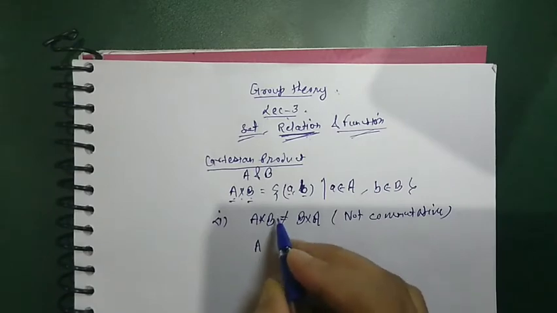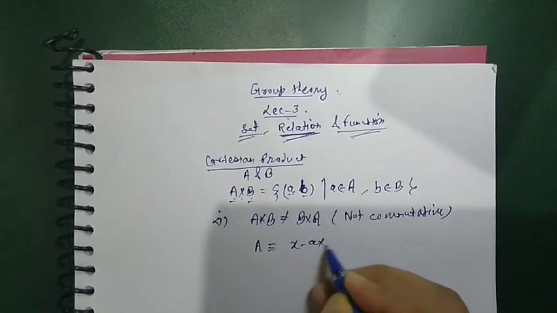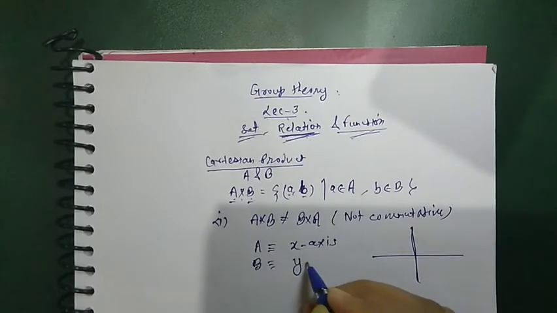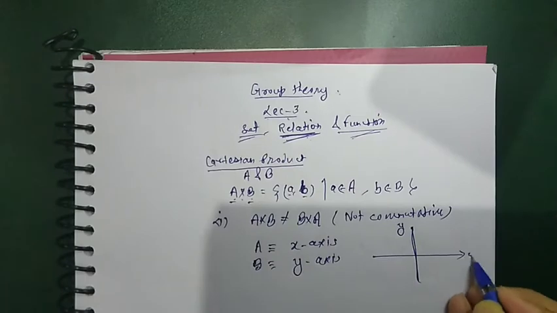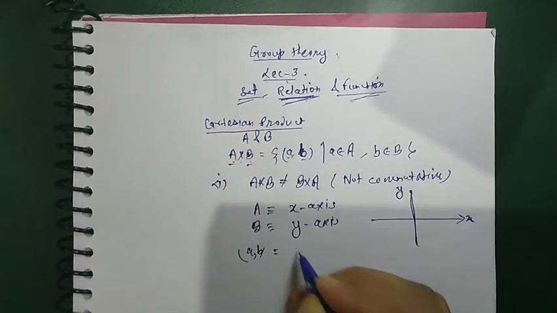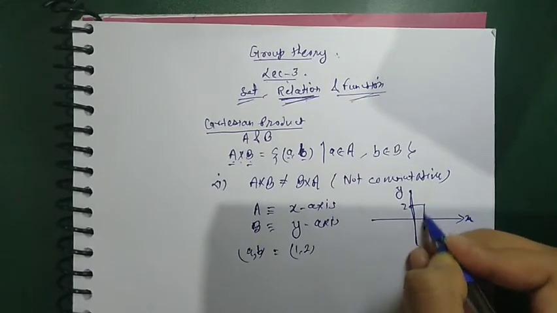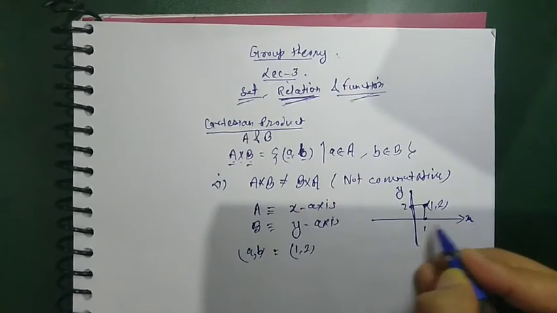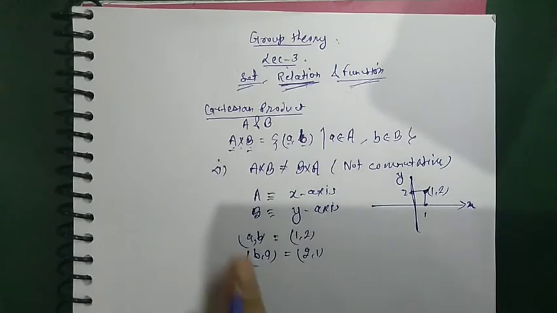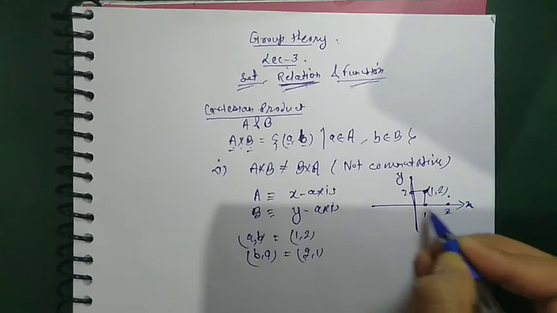To prove this property, if we take A as the x-axis in this Cartesian plane and set B as the y-axis, then if we take a point (a, b) equal to (1, 2), in this Cartesian product it can be represented by this point here, and (b, a) will be equal to (2, 1), the converse of this point, so (2, 1) can be represented by this point.